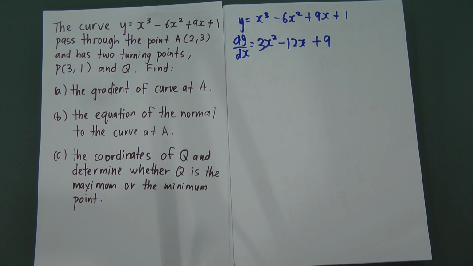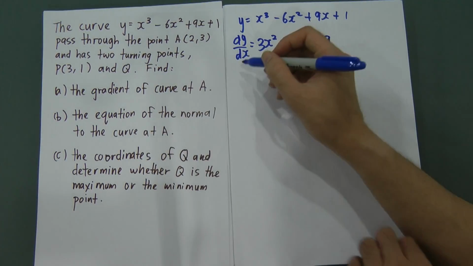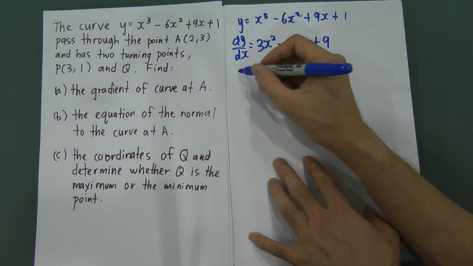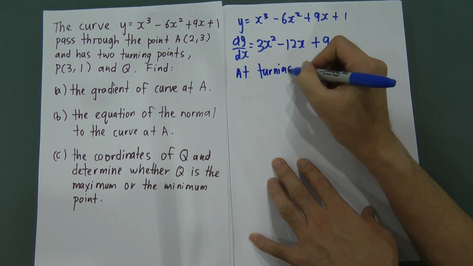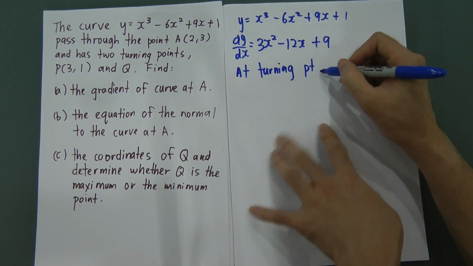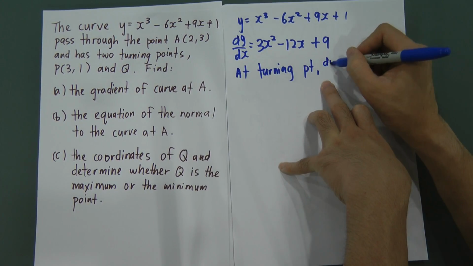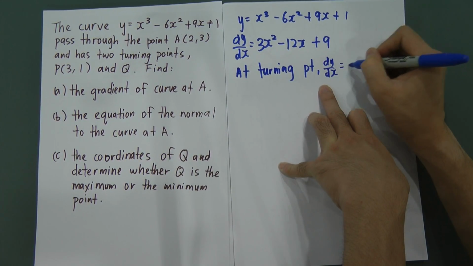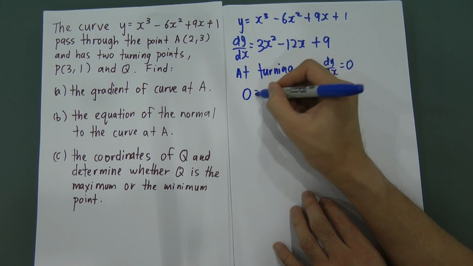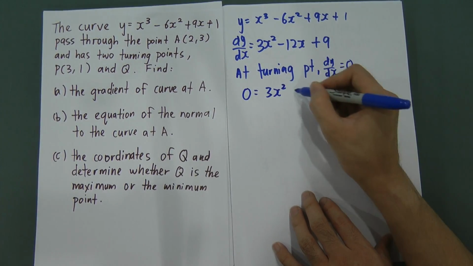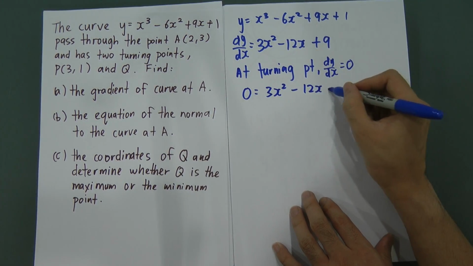So when he says turning point, we understand that at a turning point, I write short form here, dy/dx equals 0. It means the whole thing equals 0. Therefore 0 equals 3x squared minus 12x plus 9.